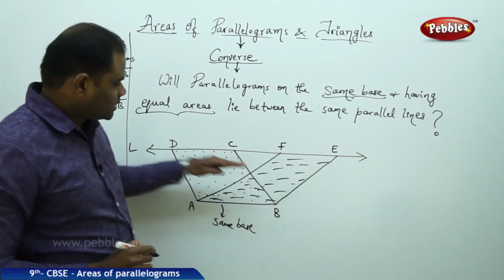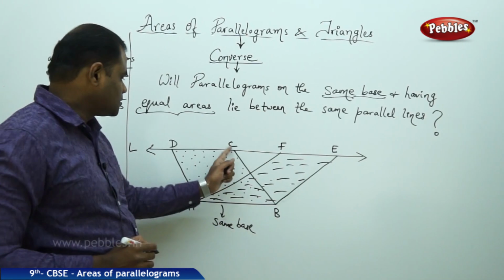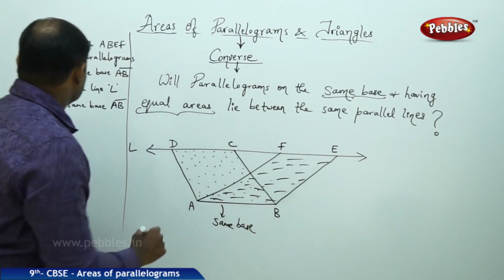So between the same base and the line, there are two parallelograms ABCD and ABEF, which are equal.